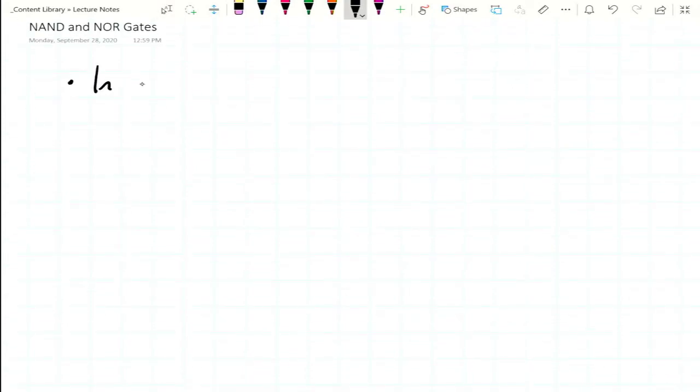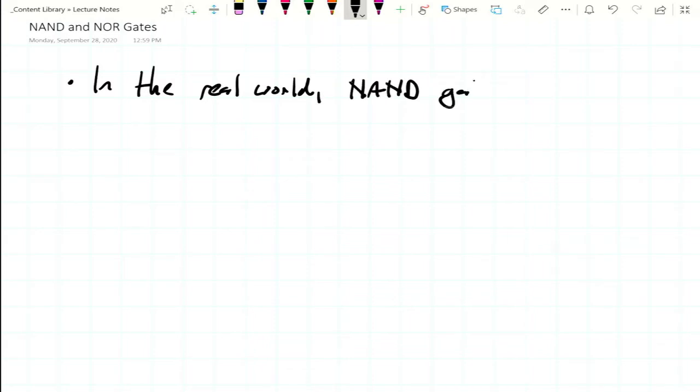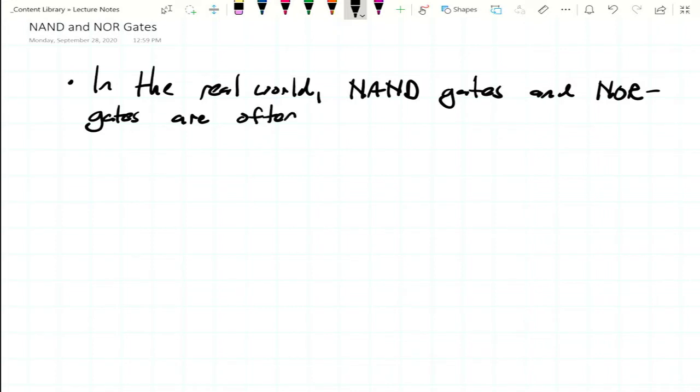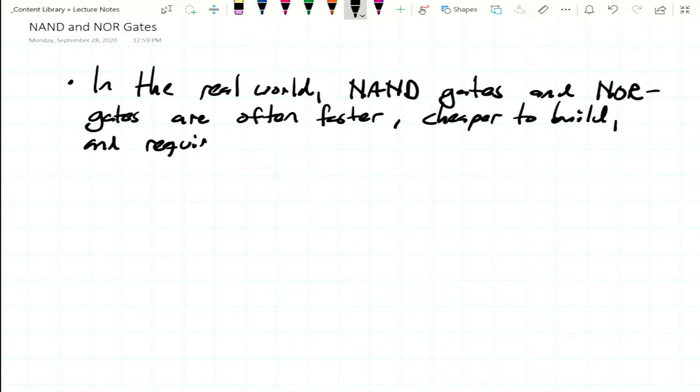First, in the real world, NAND gates and NOR gates are often faster, cheaper to build, and require fewer components than circuits of other gates.